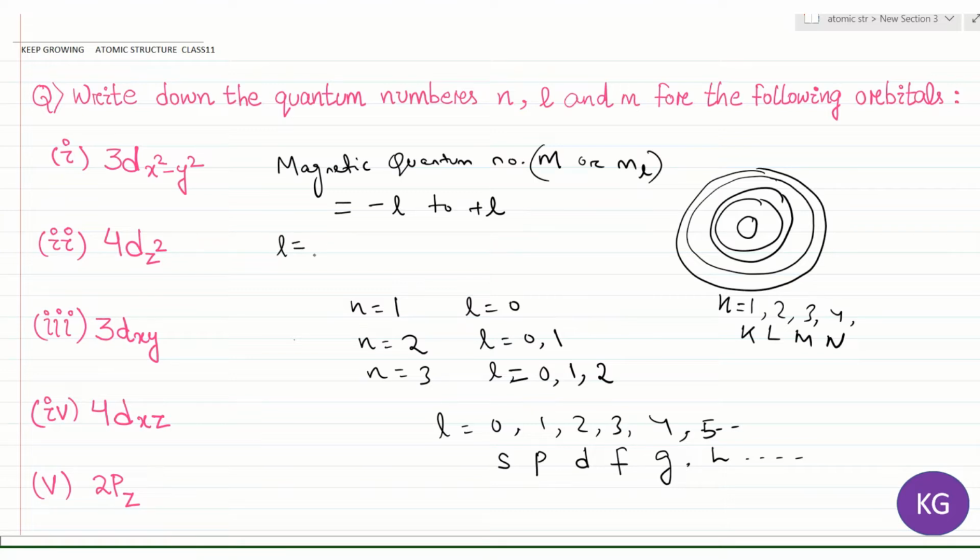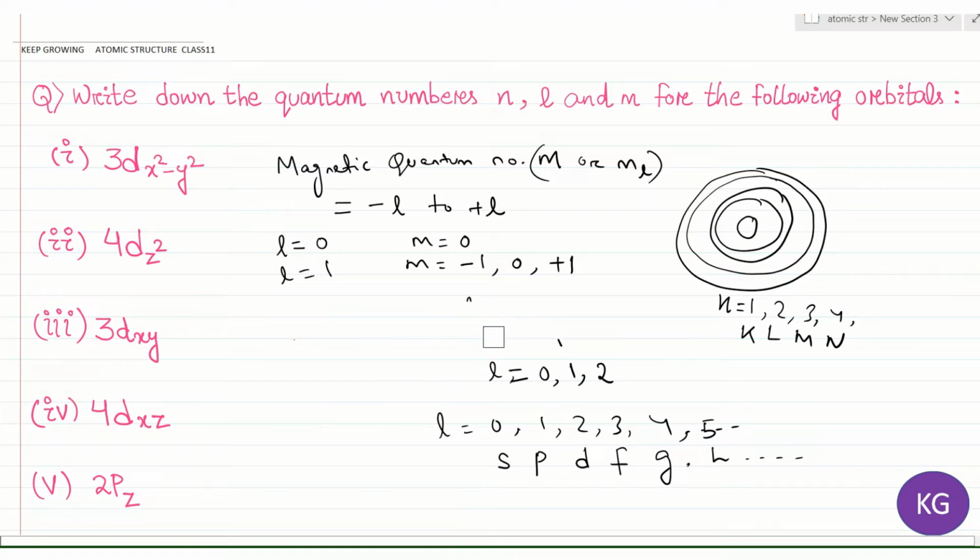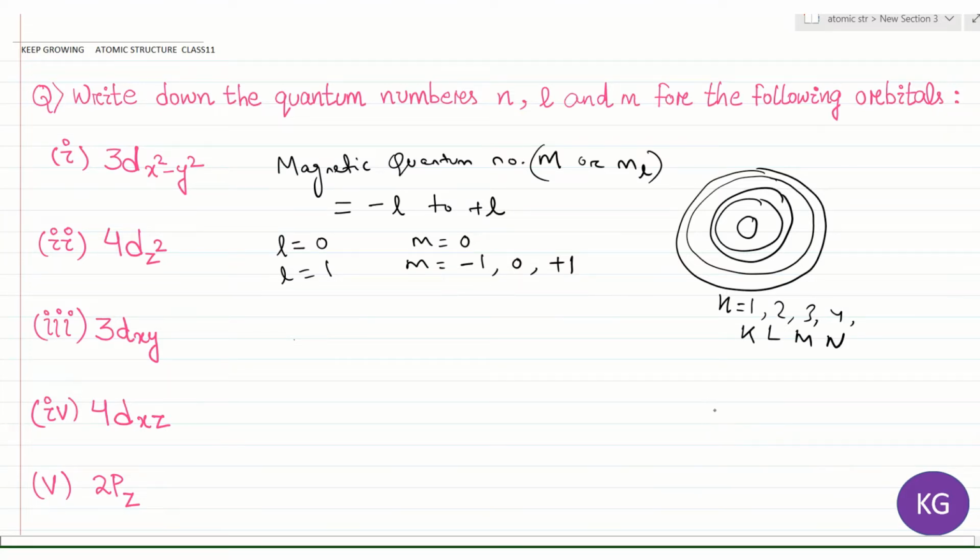For l equal to 0, m is equal to 0. For l equal to 1, m is equal to minus 1, 0, plus 1. For l equal to 2, m is equal to minus 2, minus 1, 0, plus 1 and plus 2, like this.